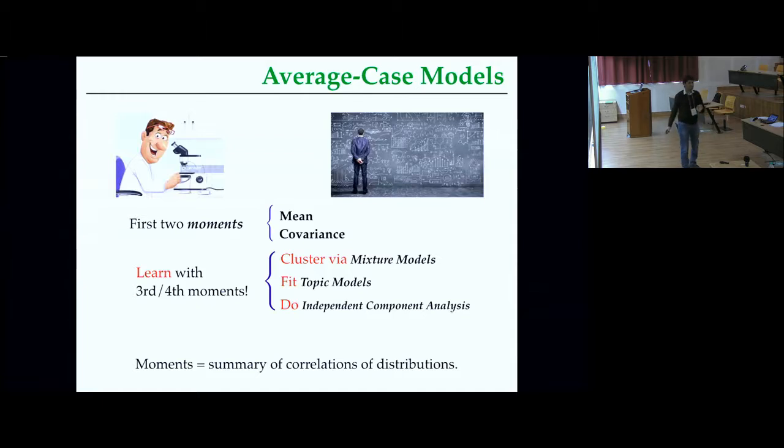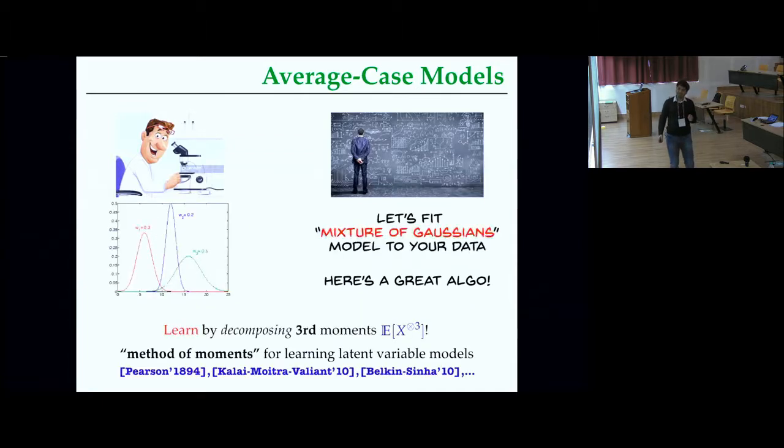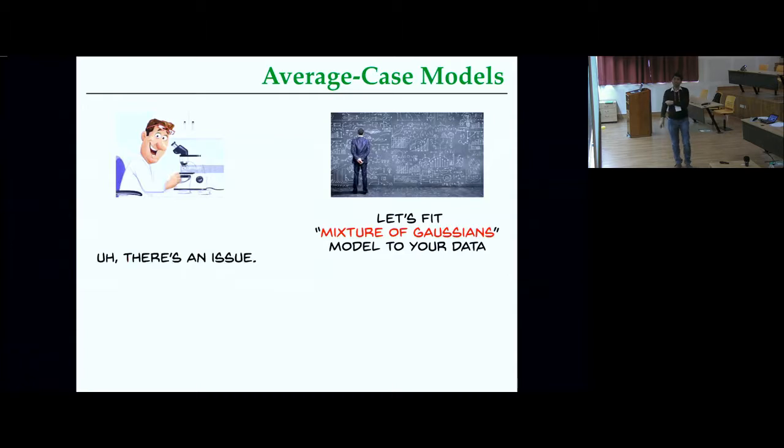And this is not an isolated example. This is what is called an example of method of moments. It has a history dating more than 100 years now. And a lot of these probabilistic generative models, like really popular generative models, can be learned by just looking at third or fourth order moments.